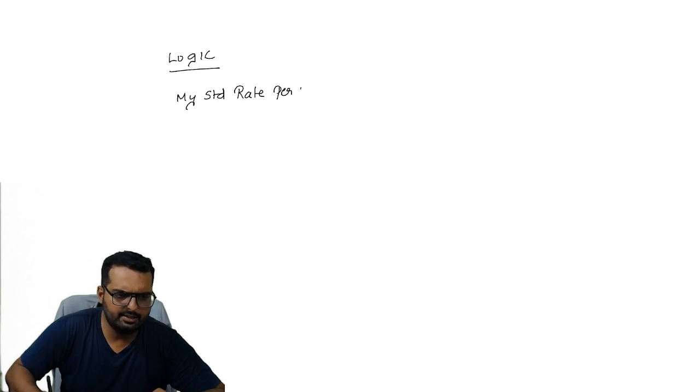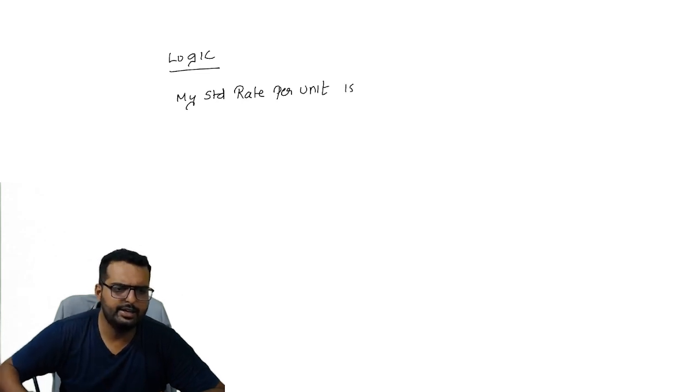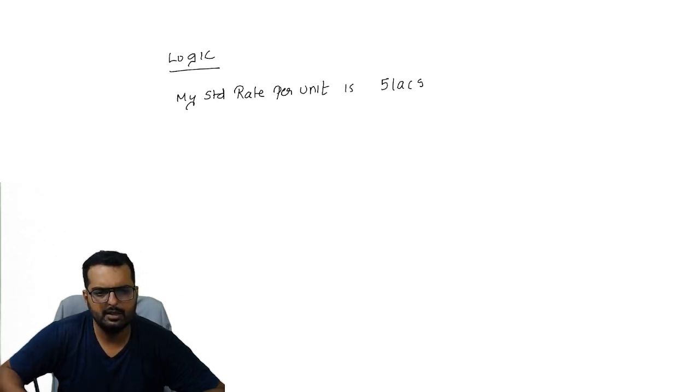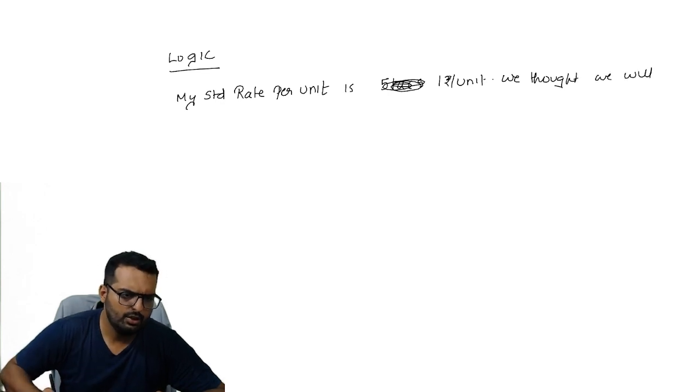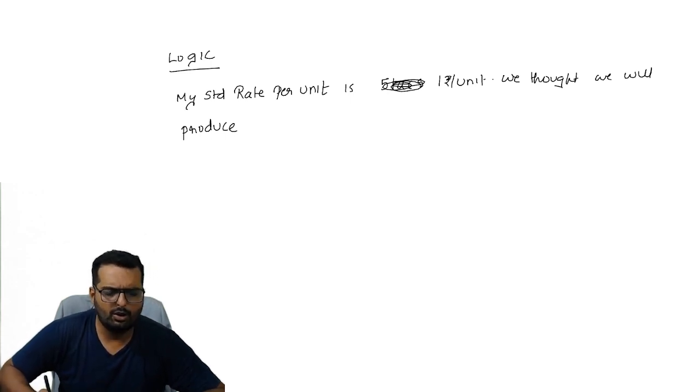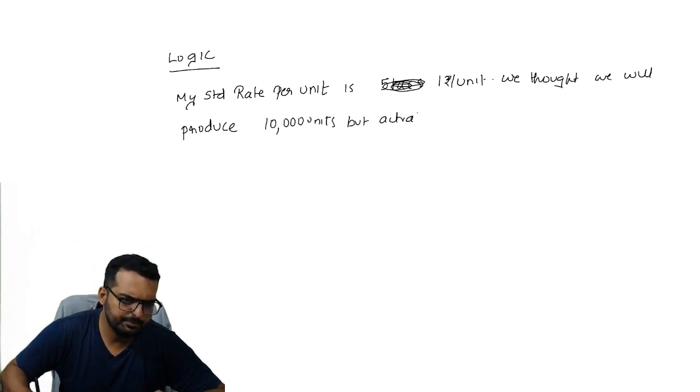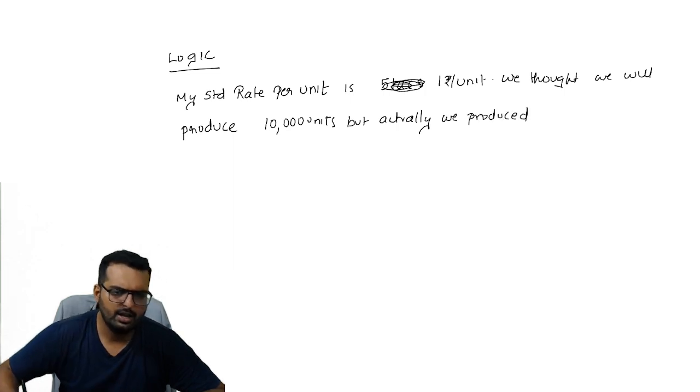My standard rate per unit is 1 rupee per unit. We thought we will produce how much? We thought we will produce 10,000 units, but actually we produced how many units, friends?